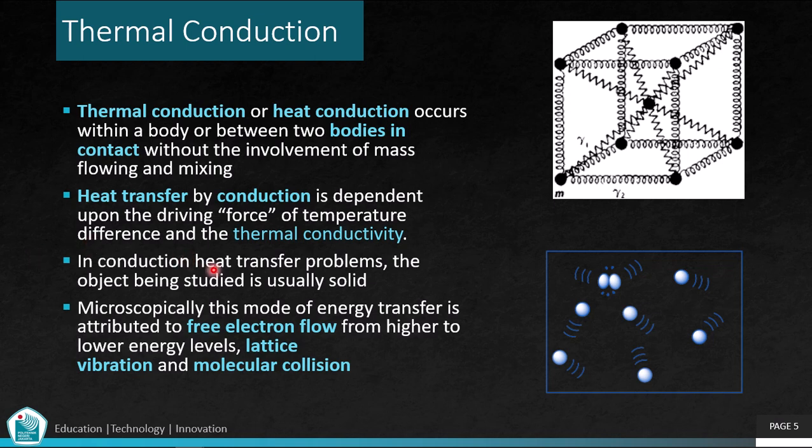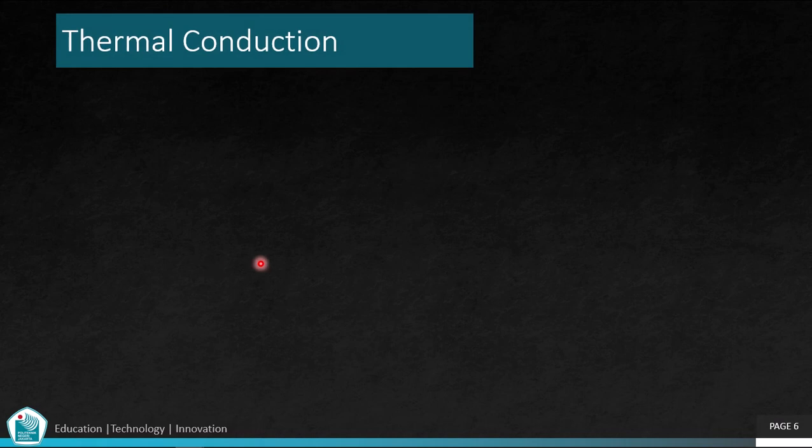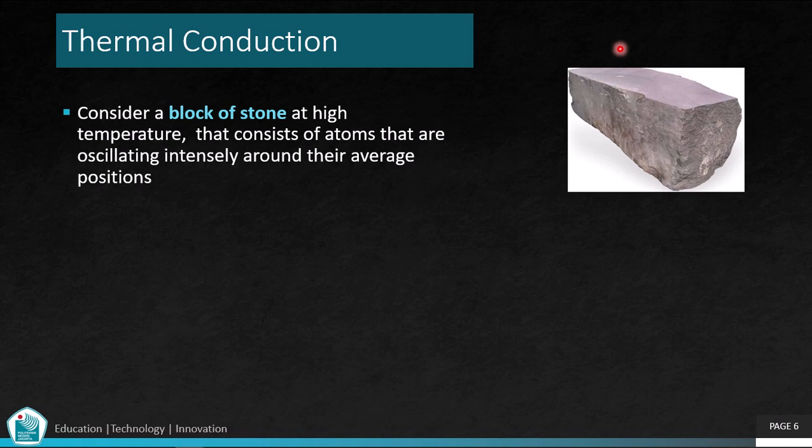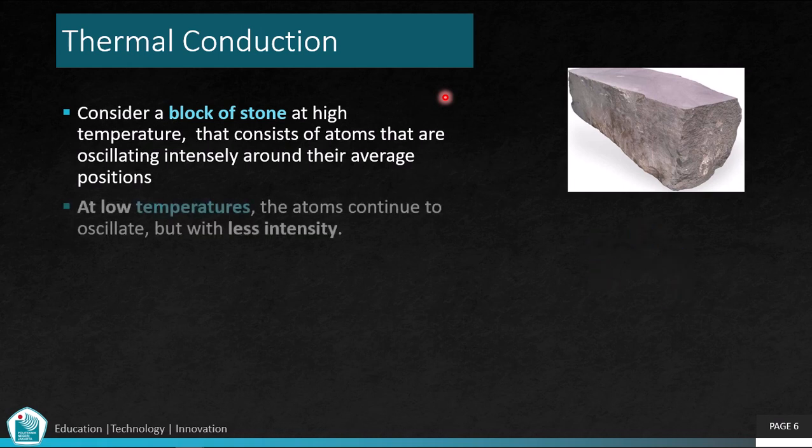So now we consider a block of stone. The stone is at high temperature, and stone, of course, consists of atoms that are oscillating intensely around their average positions. At low temperatures, the atoms continue to oscillate but with less intensity.